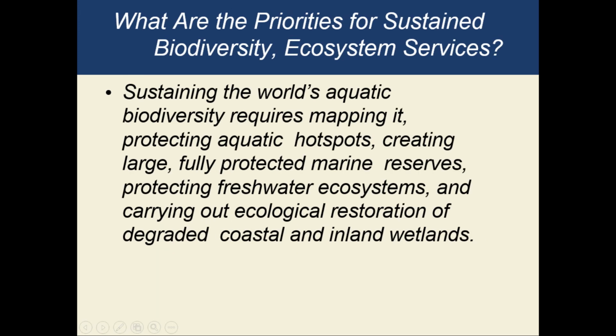What are the priorities for sustaining biodiversity and ecosystem services? Sustaining the world's aquatic biodiversity requires mapping it, protecting aquatic hotspots, creating large, fully protected marine reserves, protecting freshwater ecosystems, and carrying out ecological restoration of degraded coastal and inland wetlands.